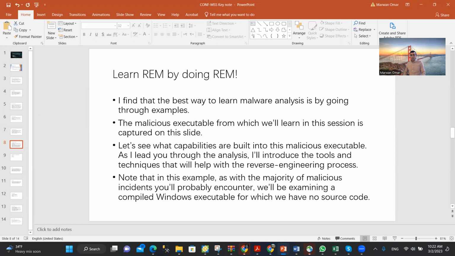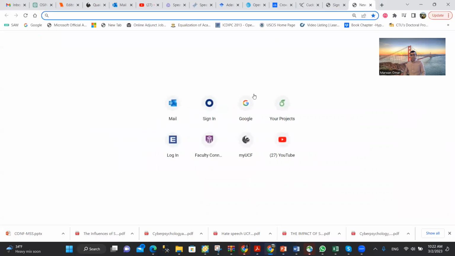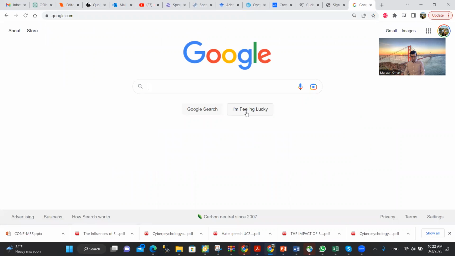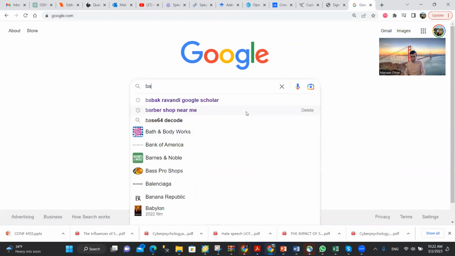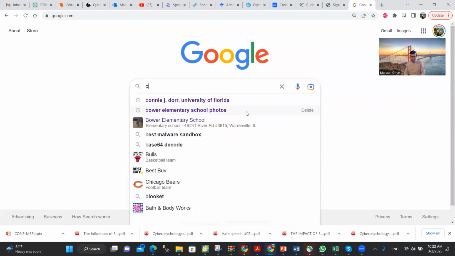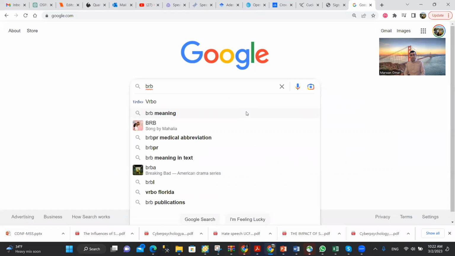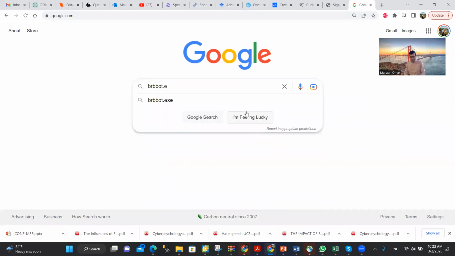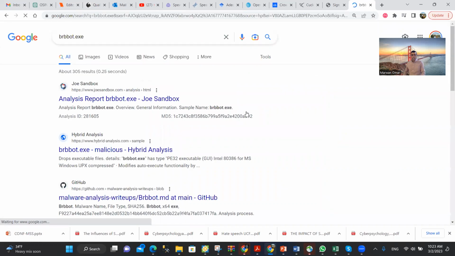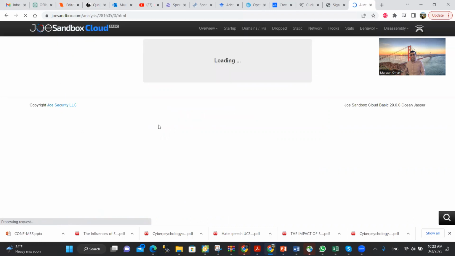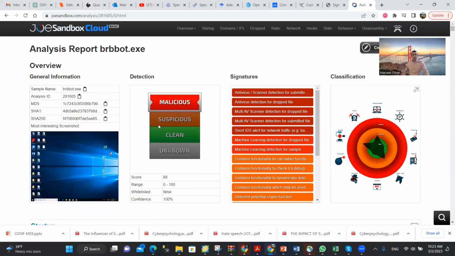So if we go here to the internet, and if we just type the name of a malicious malware sample called brbot.exe, and if we try to click on any of these automated sandbox tools like Joe Sandbox, for example, this will give us a detailed report about this malware specimen.